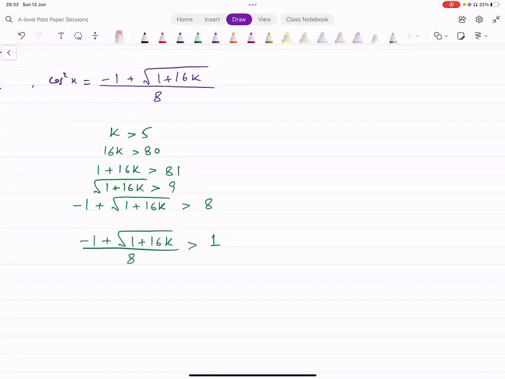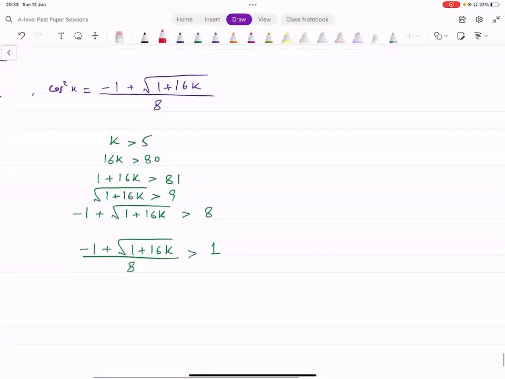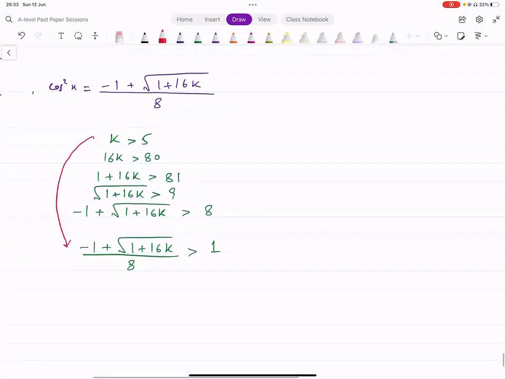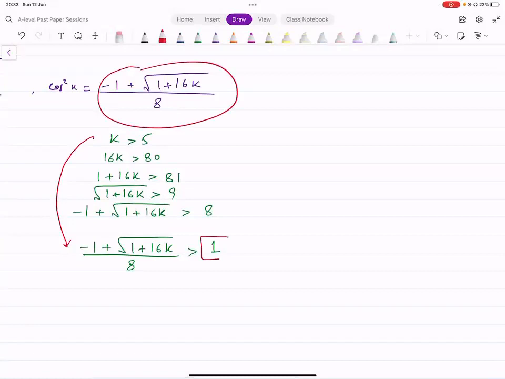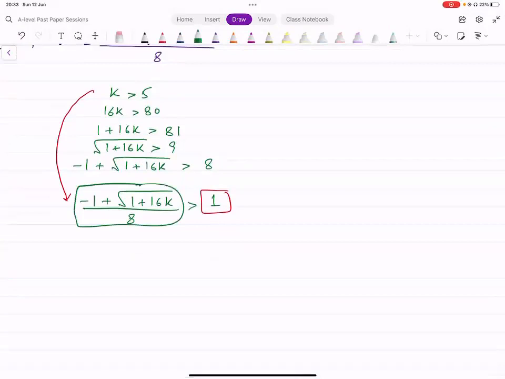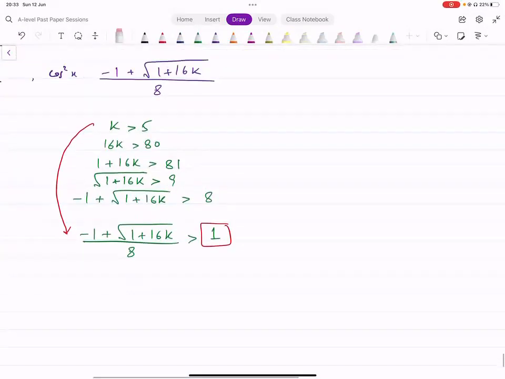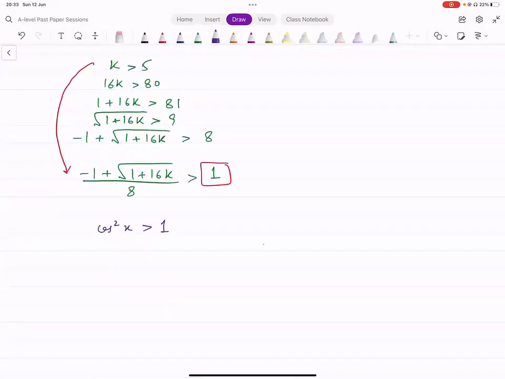If k is greater than 5, that implies that this whole expression that we've got here is going to be greater than 1, right? Now, what exactly does this expression on the left side represent? This represents cos square x. So if k is greater than 5, cos square x is going to be greater than 1. But is that possible? We know cos square x can only have values between 0 and 1.